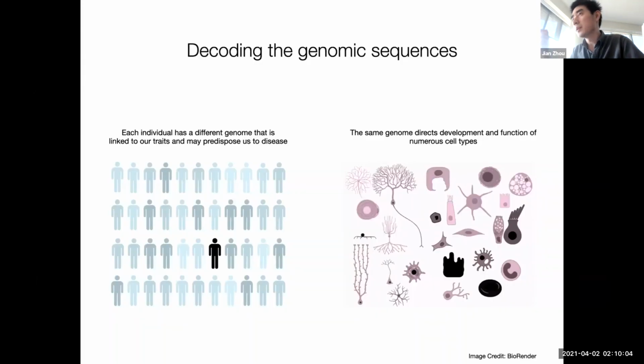So I'll start with a little bit of motivation of why we're interested in studying the problem. First of all, every one of us has a different genome, right? And the genome can give us different traits and may predispose us to different diseases.